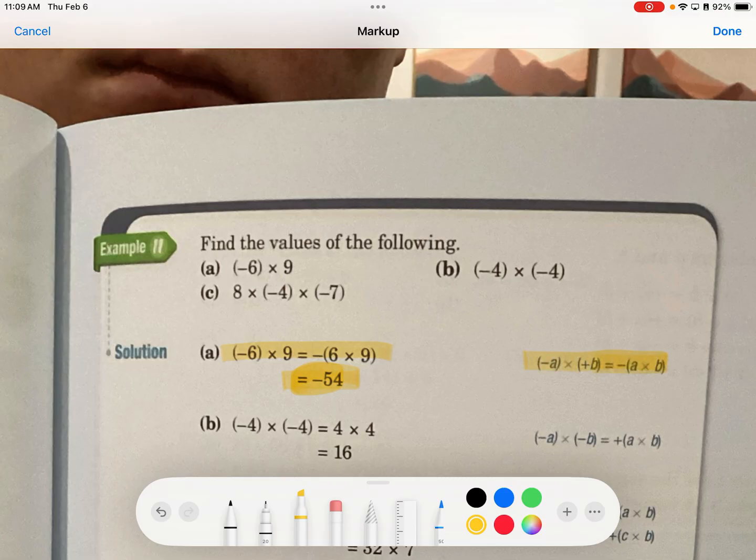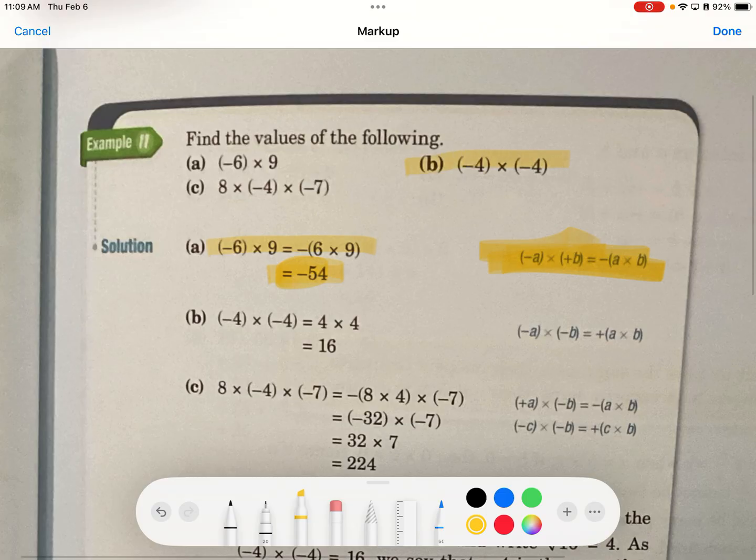And here's that proof equation next to it. Then we have negative 4 times negative 4. Now from our meat and potato box, the previous page, we see that numbers that have the same sign are going to be positive. And this is a case where the numbers have the same sign. So the answer is going to be positive.